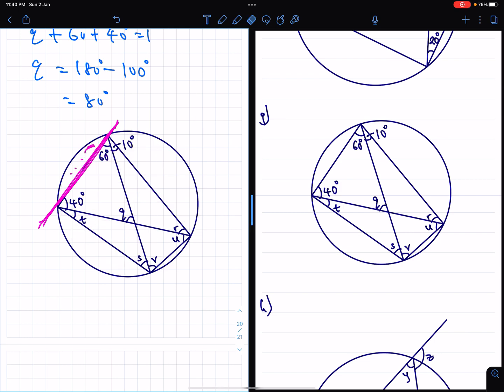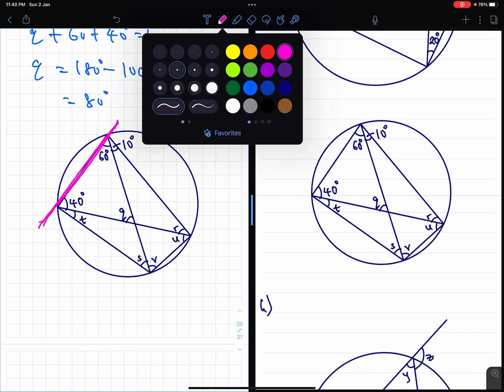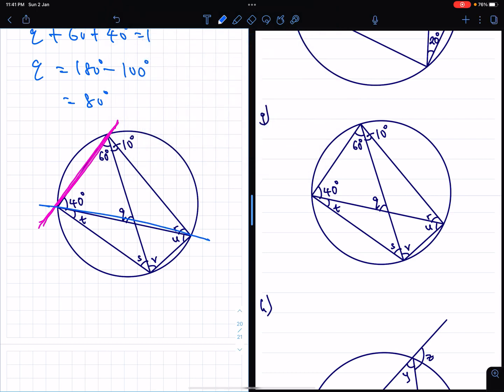So now let's check the lines that form a triangle with this chord. We'll see that these lines form a triangle with the chord. So that means the angle between those lines and the angle between any other two lines that also form a triangle with the same chord are going to be equal.